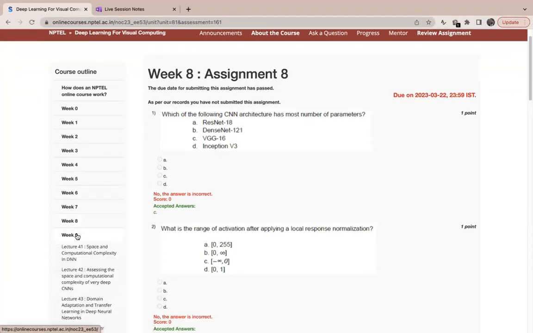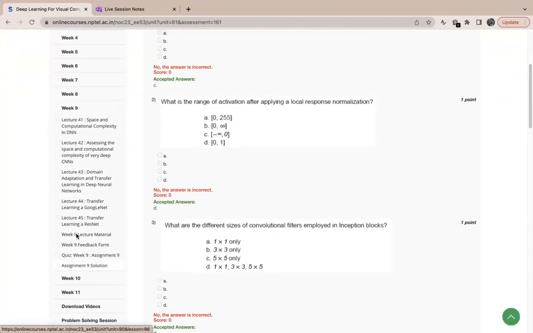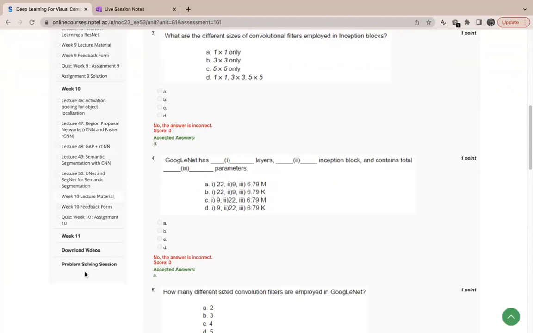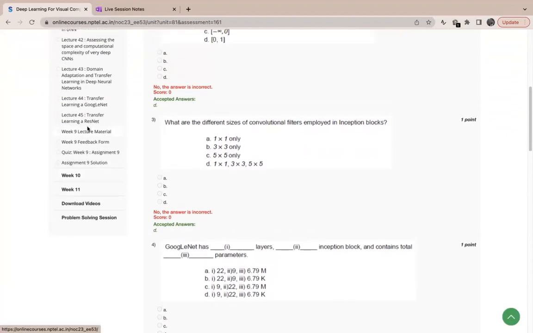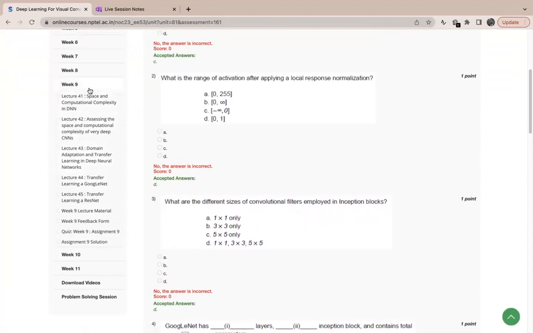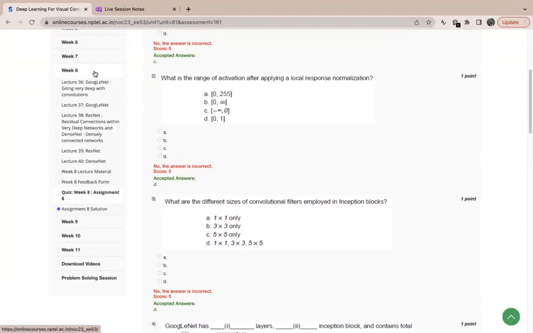I would say that in the next week, in week 10, the solutions of assignments 9 and 10 will be discussed, because I believe by then the week 10 solution would have been released. So I'll discuss that.